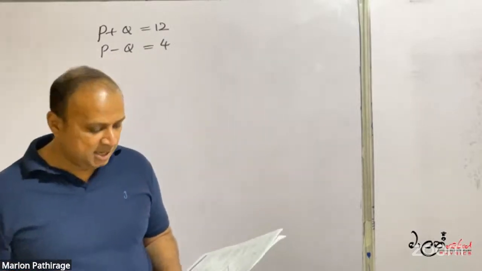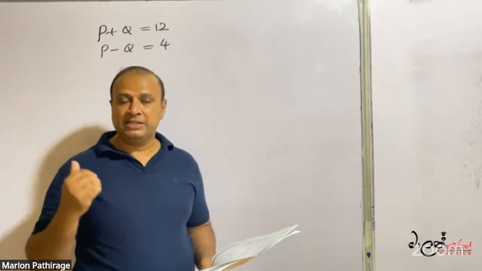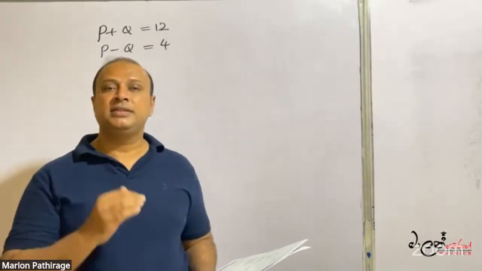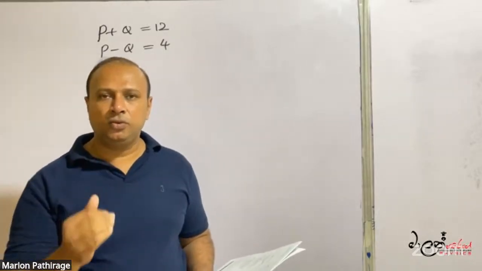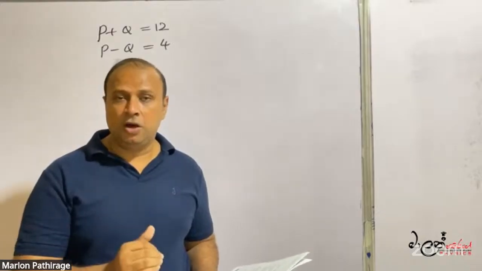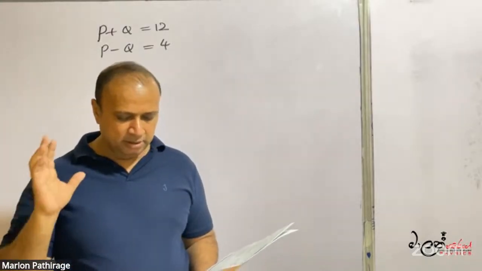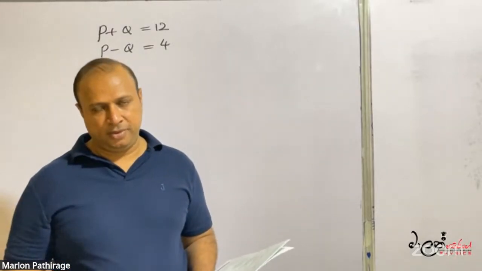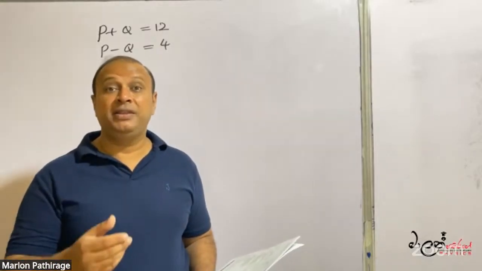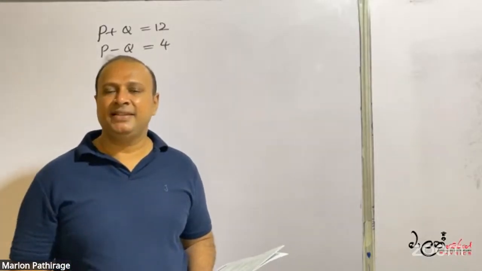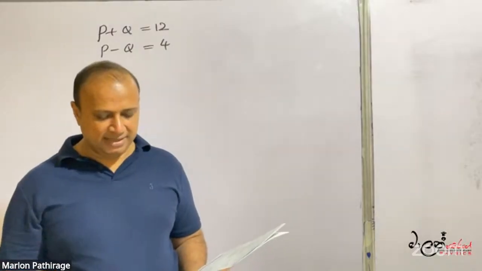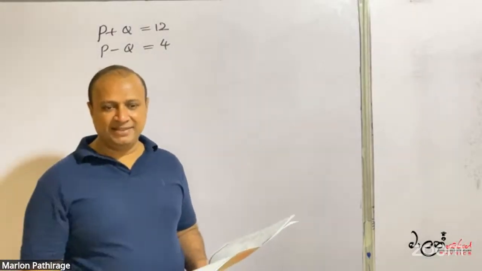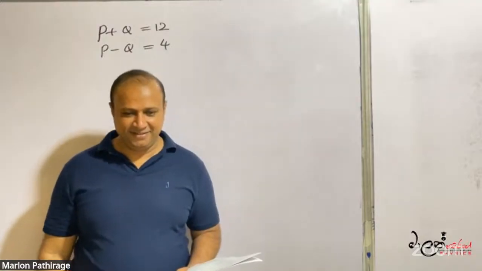That means now there's a particle and simultaneously there are two forces exerted on that particle, 3 Newton and 4 Newton. You are asked to determine what would be the net force exerted on that particle. So what is the answer?